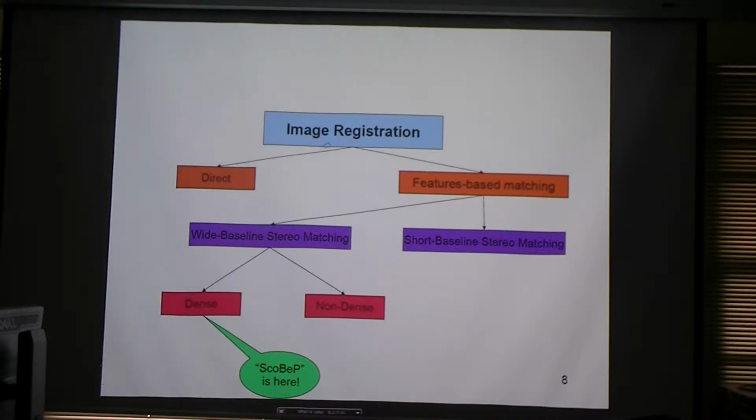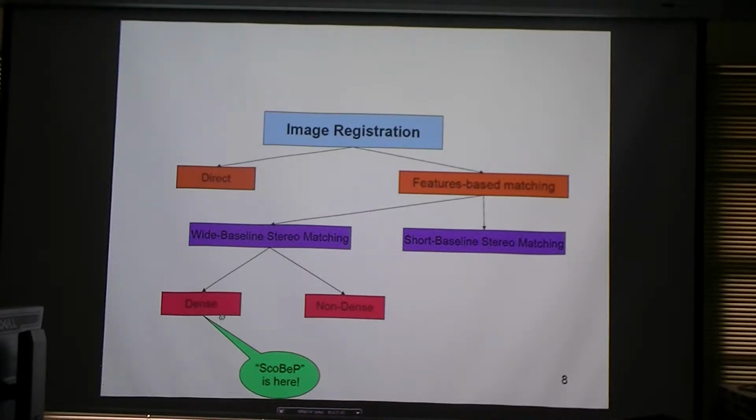I just reviewed the categories of image registration. As I said, image registration has direct and feature-based matching. The feature-based matching has wide baseline stereo matching and short baseline stereo matching. In the wide baseline stereo matching, we have dense and non-dense.